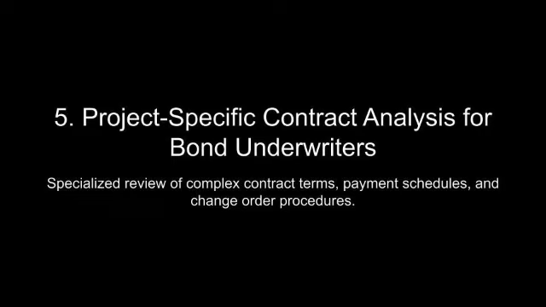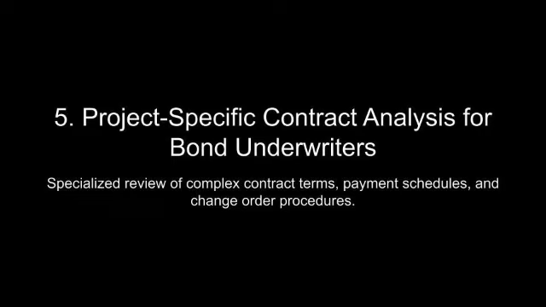These policies often complement the protection provided by performance and payment bonds, which guarantee the contractor's fulfillment of contractual obligations. However, gaps in insurance coverage, whether due to insufficient limits, excluded risks, or poorly defined terms, can shift liabilities onto the surety, increasing the likelihood of bond claims.